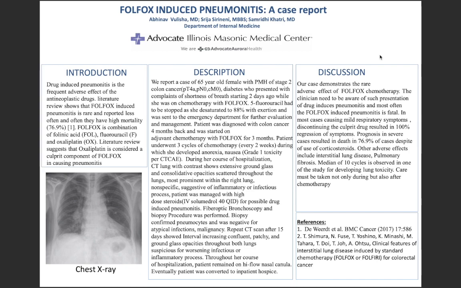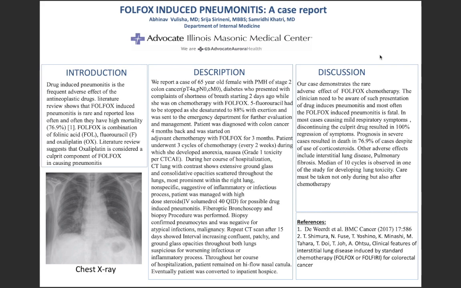At the time, we ruled out mostly the infections and also the metastasis, and then we started to treat her for the inflammatory disease by giving Solu-Medrol 40 QID.